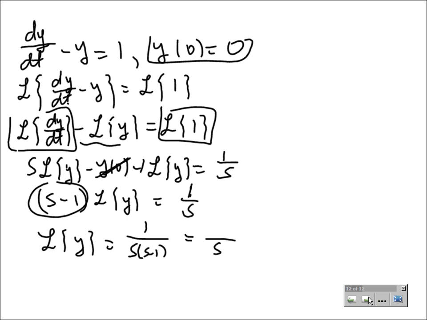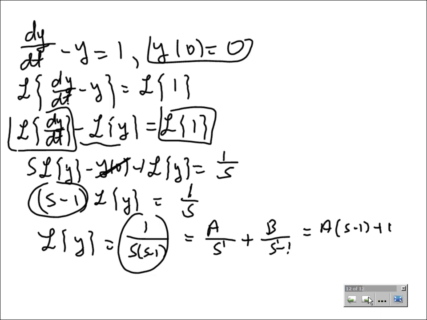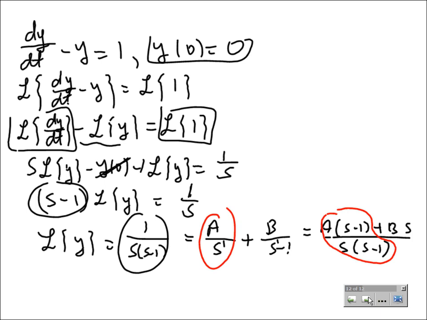We want to write this as something over s plus something over s minus 1. Since they're both linear in the bottom, I just put constants on the top. The A gets multiplied by s minus 1, and the B gets multiplied by s. That way, that's the denominator. After all, if you did this division, the s minus 1s would cancel, and you would just get A over s. And if you did this division, the s's would cancel, and you would just get B over s minus 1.